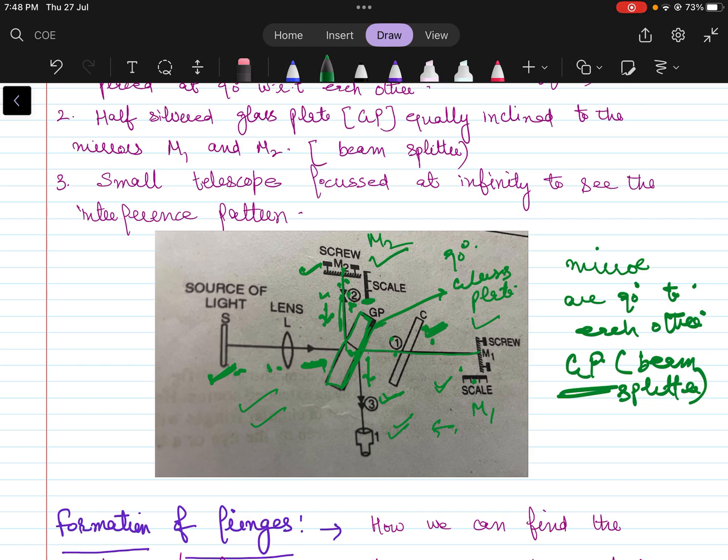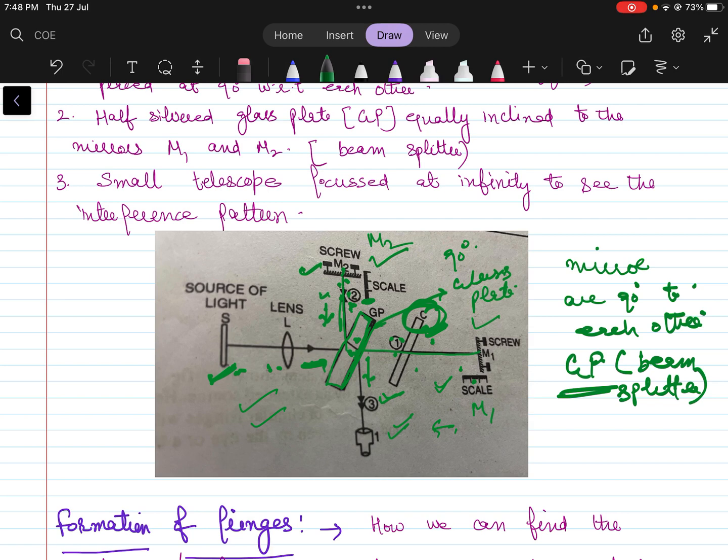The plate C is made of the same material as GP. Its use is all the more essential when white light is used, since the optical path lengths of beam 1 and beam 2 must then be exactly equal.